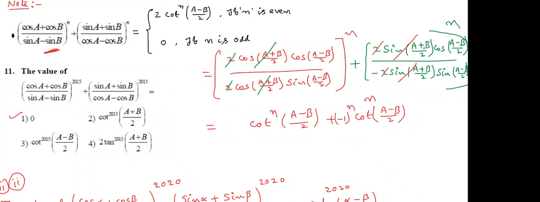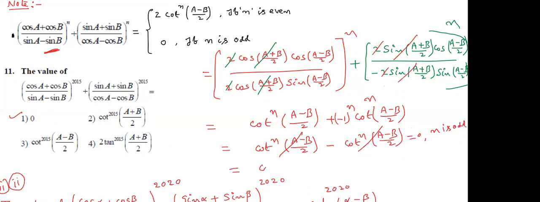If n is odd, what happened? Cot power n of (A minus B) by 2. If n is odd, minus 1 whole power odd number, we get minus cot power n of (A minus B) by 2. See here, these two cancel. 0. When is it possible? When n is odd. If n is even, what happened?